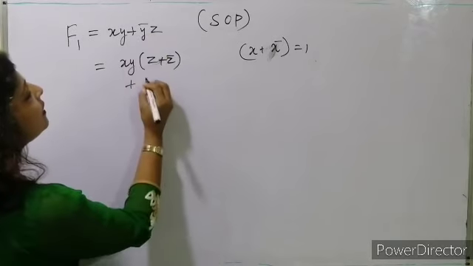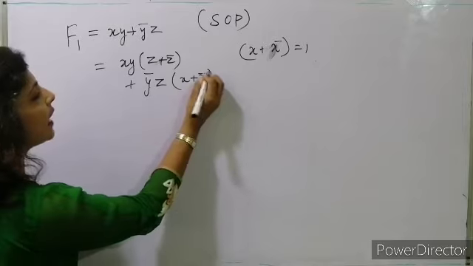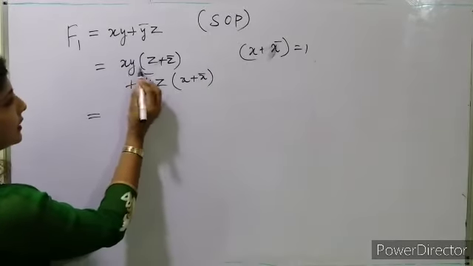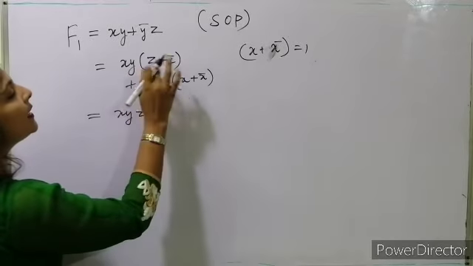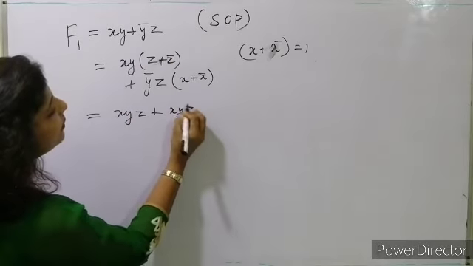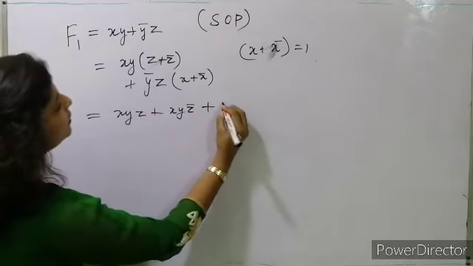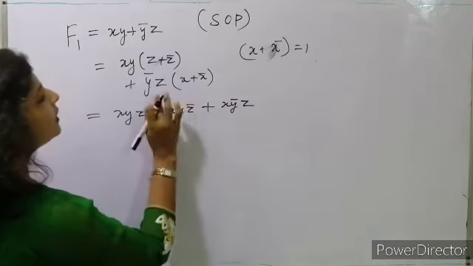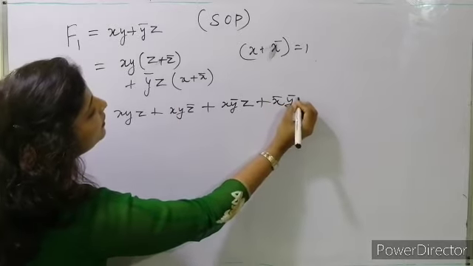Now plus y bar z into x plus x bar. Okay. Now we'll multiply this: xyz plus xyz bar. Now y bar z into x, so x y bar z and x bar y bar z.